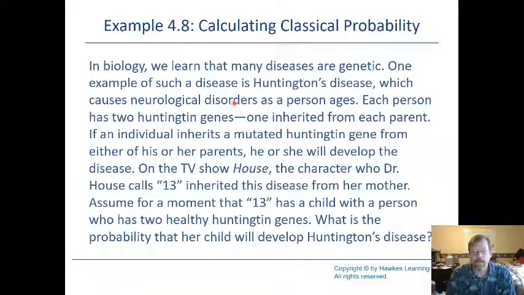Another good example is genetics and disease genetics. What are the chances that somebody has inherited a mutated Huntington gene from either parent and will develop Huntington's disease?